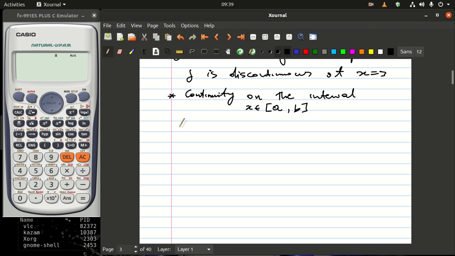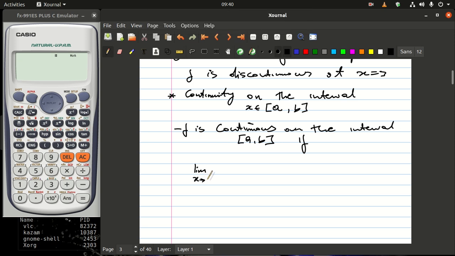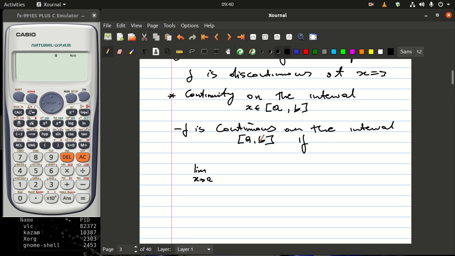First of all, continuity on the interval. I'm going to say this: f is continuous on the interval [a, b] if and only if these things happen. Take note of this. If I take the limit as x approaches a, this is the smallest value this interval can have.